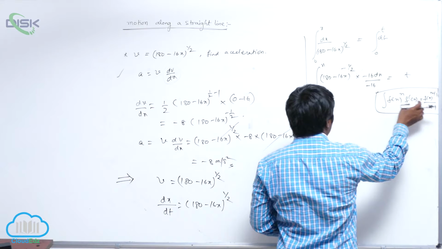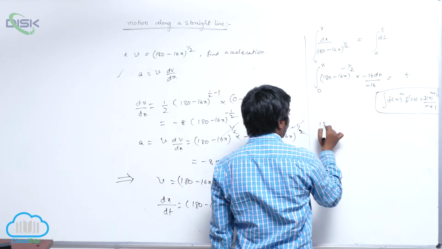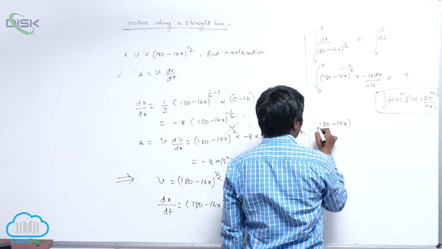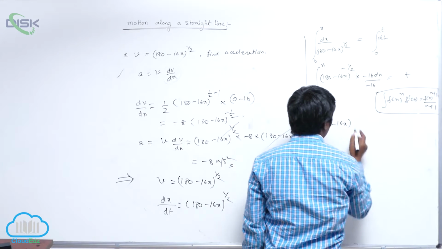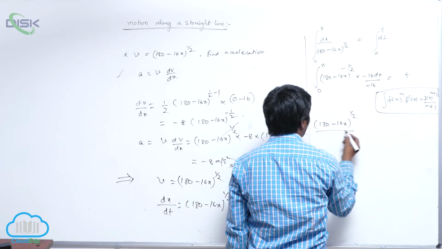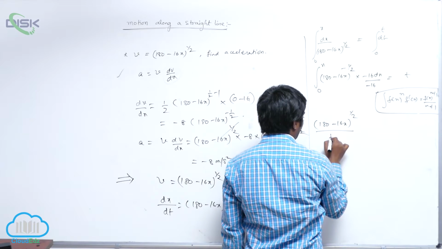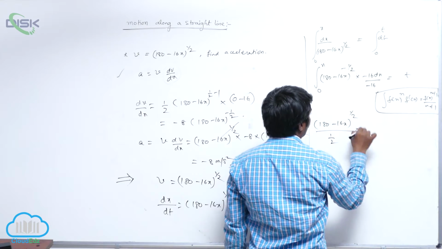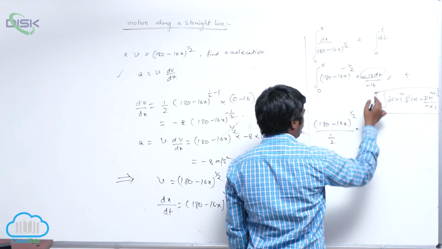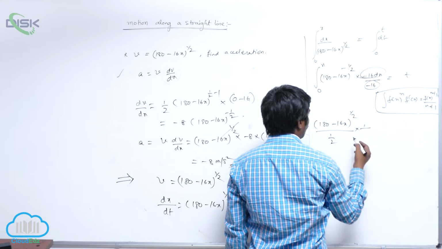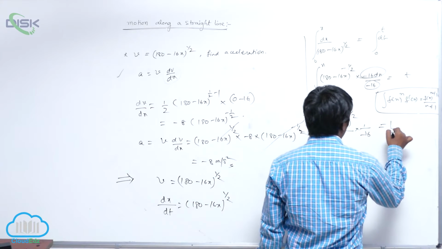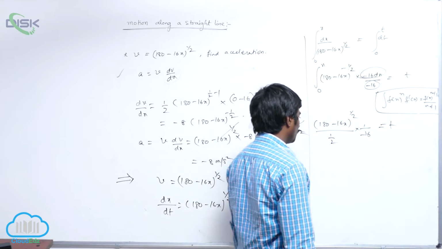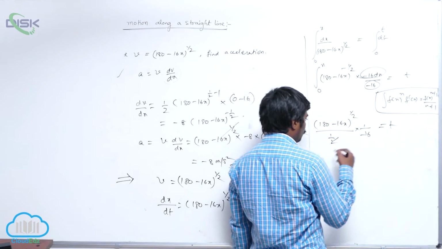Yes, this condition is fulfilled. So what can I write? (180 minus 16x) whole power minus 1 by 2 plus 1, so plus 1 by 2 by minus 1 by 2 plus 1, that is again 1 by 2. This is f dash x. So this number I have to write as it is, equal to t.